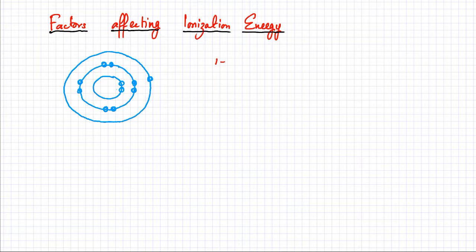So there are 11 positively charged protons that are attracting all these electrons towards the nucleus. So the number one factor that's going to affect ionization energy is the positive charge on the nucleus.